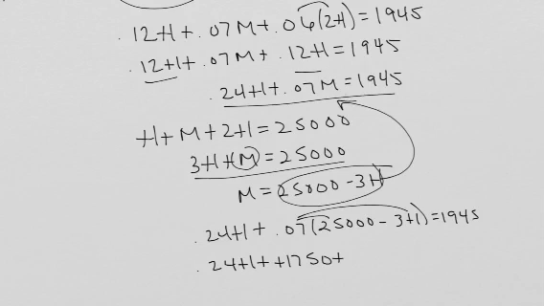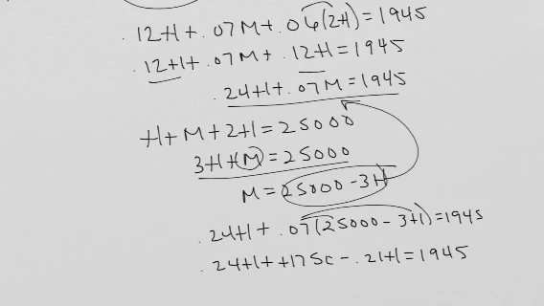And then 0.07 times 3 is 0.21, so this actually should be a minus 0.21H equals 1945. Combining like terms and subtracting the 1750 on each side, I end up getting 0.03H equals 195. If I divide by 0.03 on each side, H is 6,500.